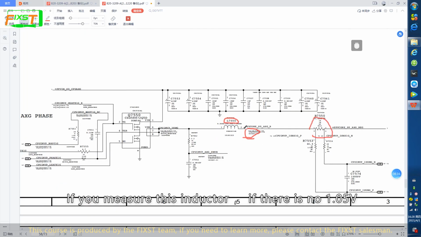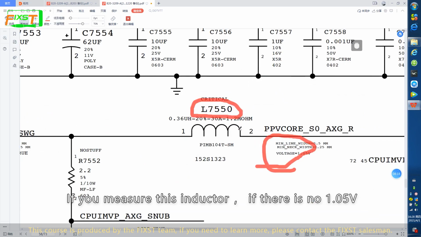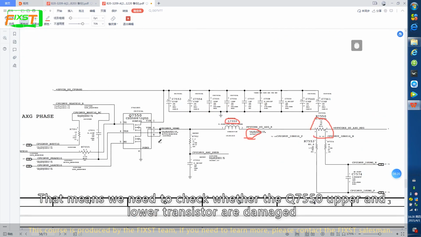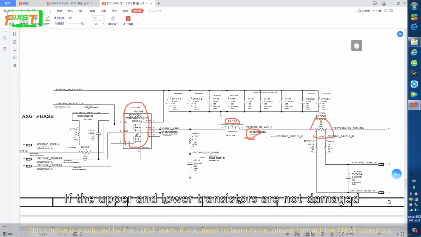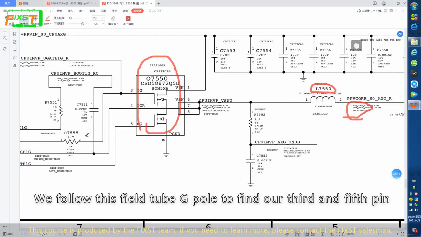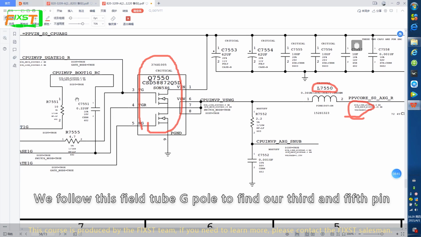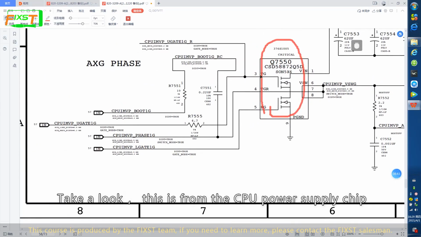If you measure this inductor and there is no 1.05 volt, that means we need to check whether the Q7550 upper and lower transistors are damaged. If the upper and lower transistors are not damaged, we follow the G-pole of this field effect transistor to find our 3rd and 5th pin. Take a look, this is from the CPU power supply chip.